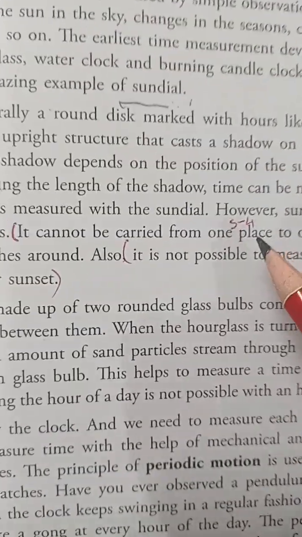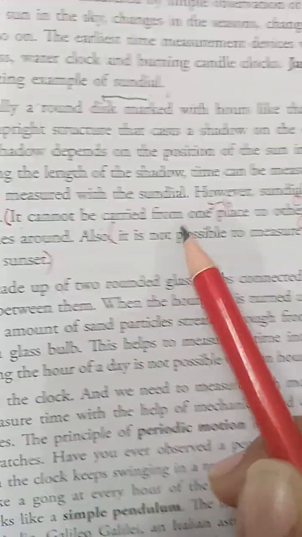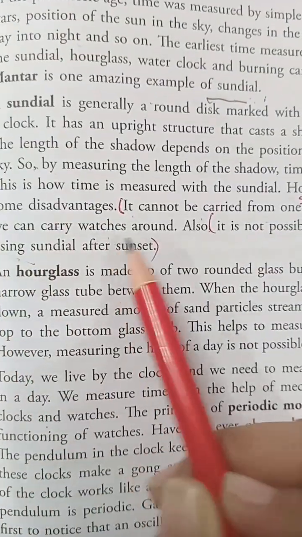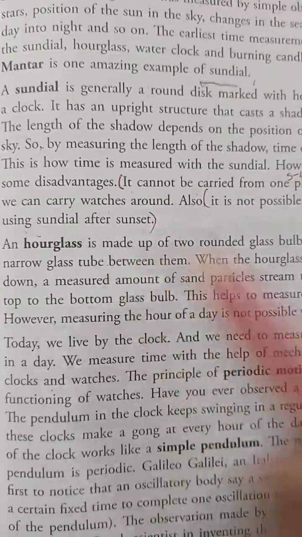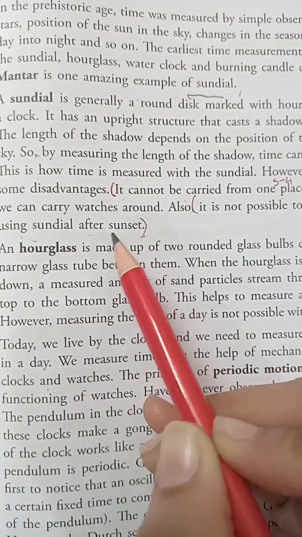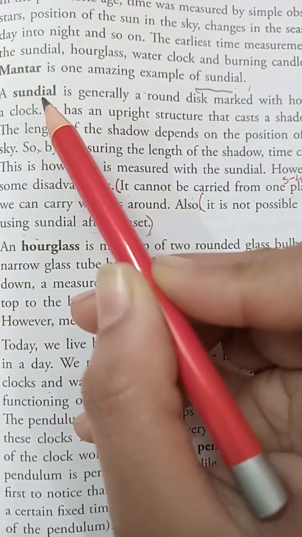But there are some disadvantages of the sundial. It cannot be carried from one place to another, just like we can carry watches around. Also, it is not possible to measure time using the sundial after sunset.